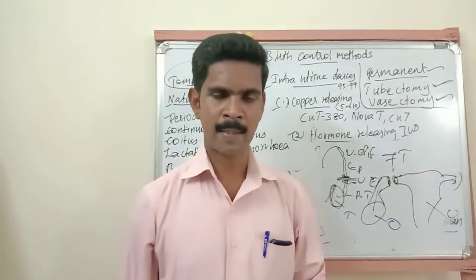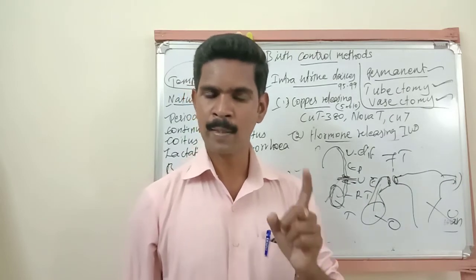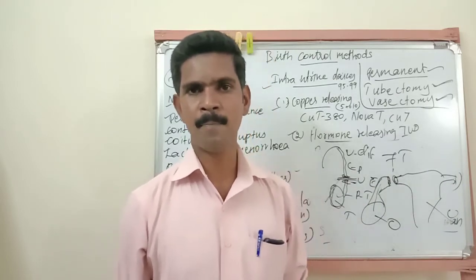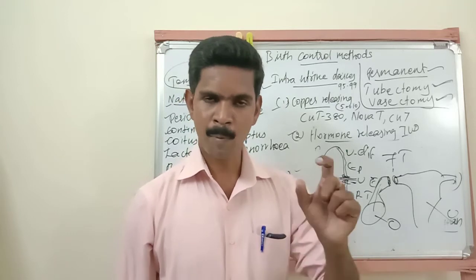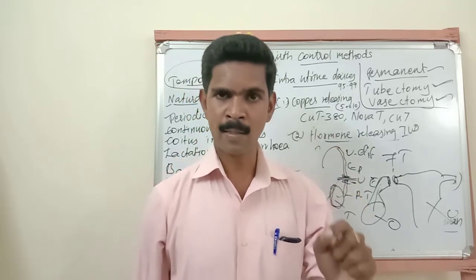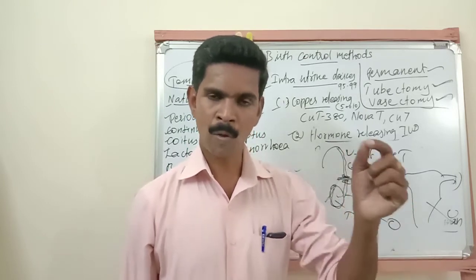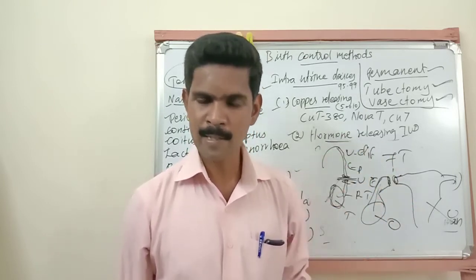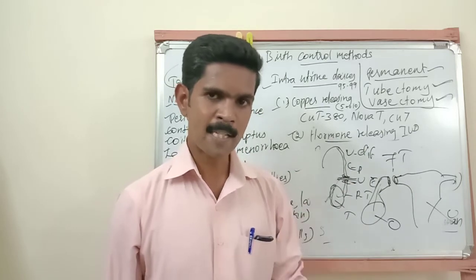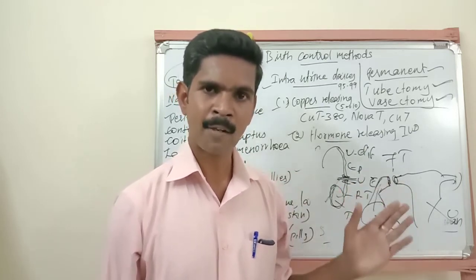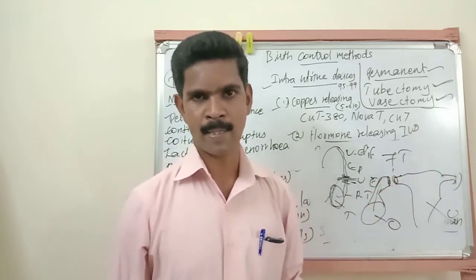So tubectomy is a permanent birth control method in the female reproductive system. In this method, a small portion of the oviduct or fallopian tube is cut and removed. Then a small knot is made on both ends. Understand? So this prevents the transport of the egg from the ovary to the uterus.